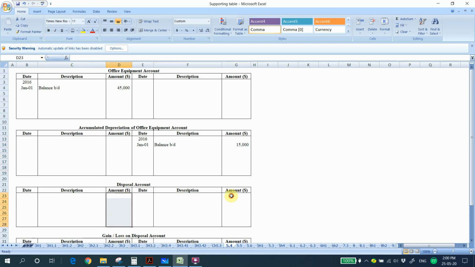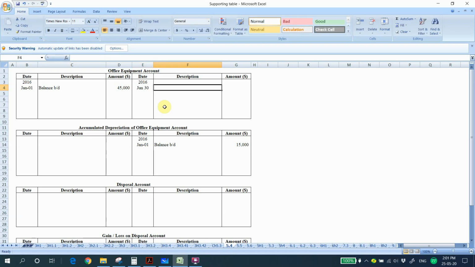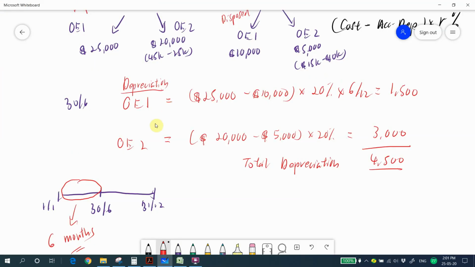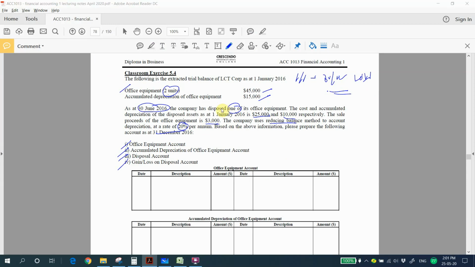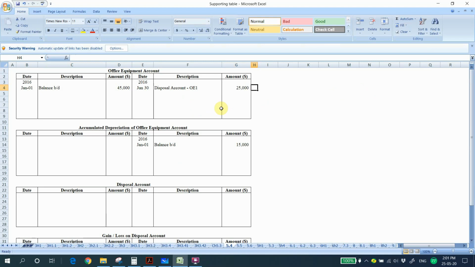Next, we record the asset that is being disposed. On 30th of June 2016, we sold one asset, right? So we record to the disposal account. This is office equipment 1. The disposed asset has a cost of 25,000, so we reverse 25,000.